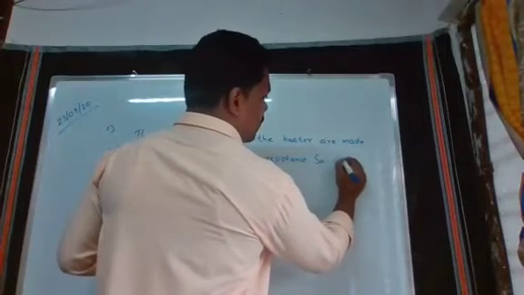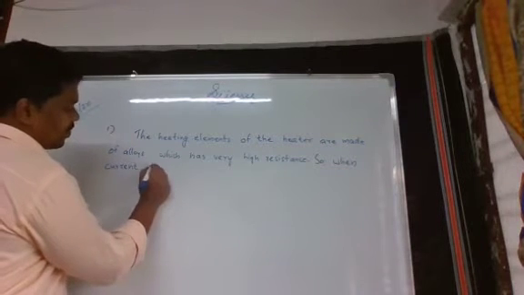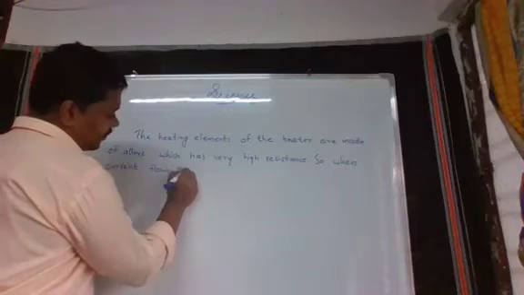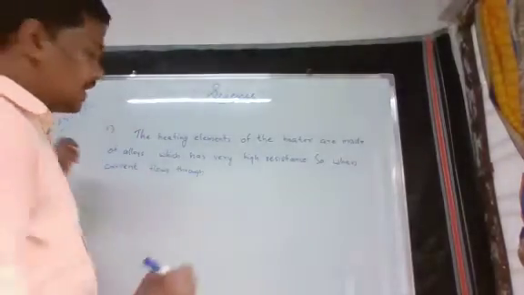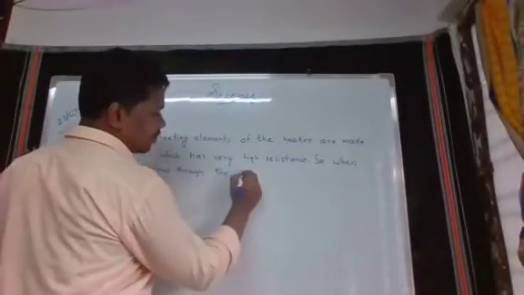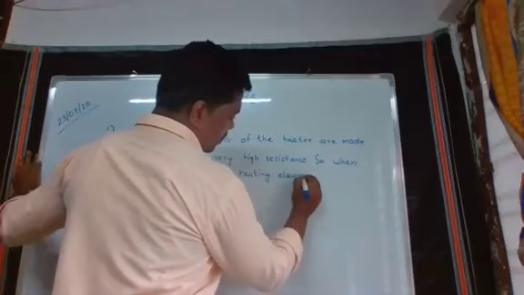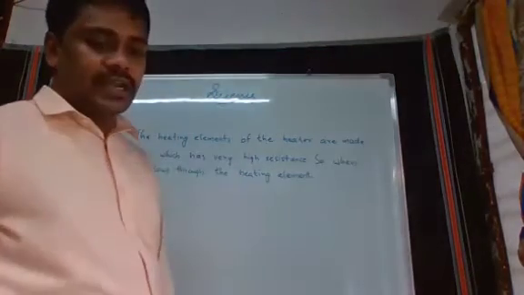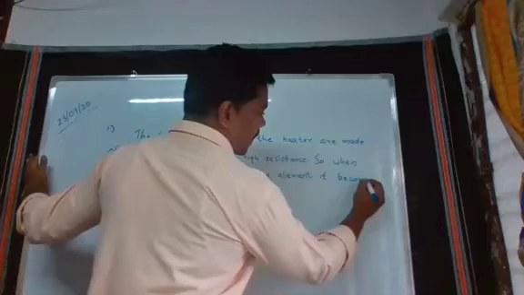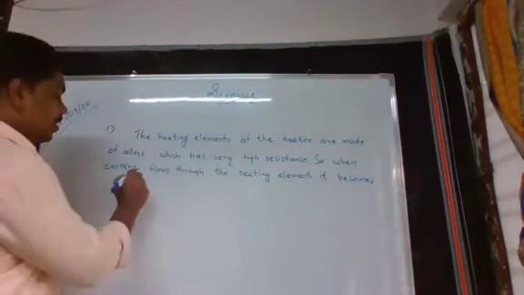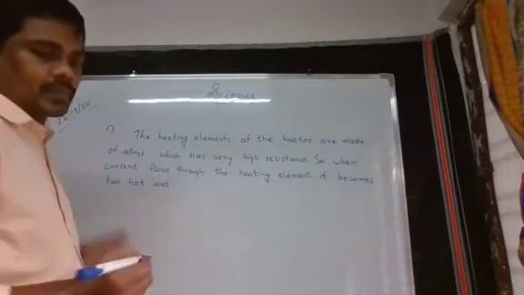So, when current flows through the heating element, when the current flows through the heating element, it becomes too hot, glows red.